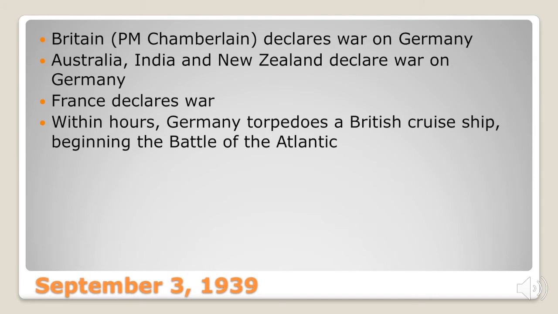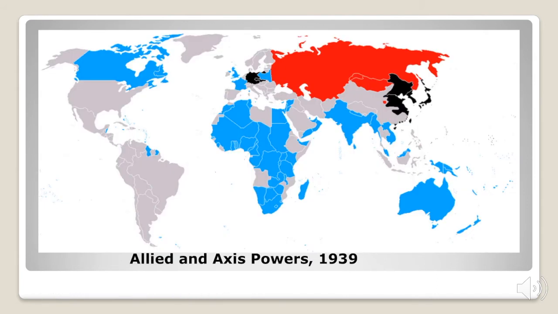And here's a Honda map. And so you can see here the Allied and Axis powers. So the U.S. is still remaining neutral. In black, we have the Axis powers. And keep in mind, despite the Rome-Berlin Axis, despite this pact of steel and this tight friendship between Germany and Italy, Italy at this point in time is neutral.